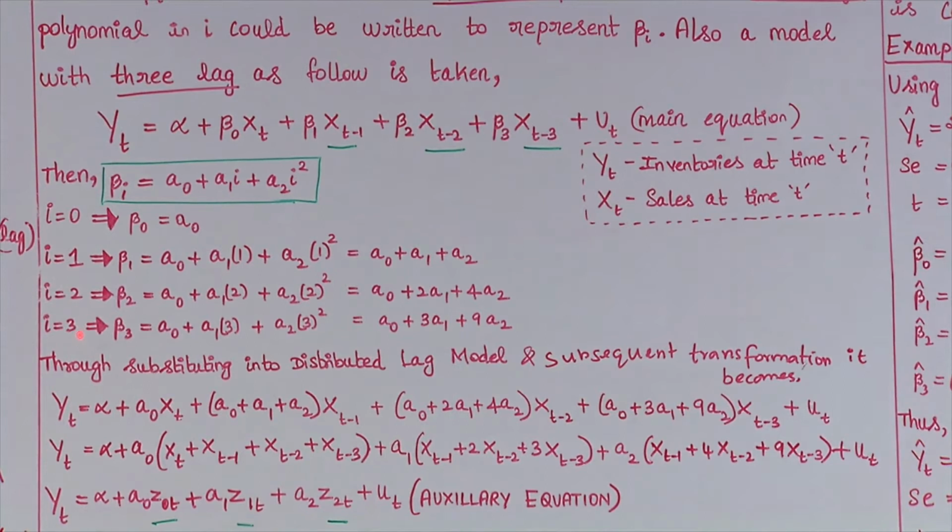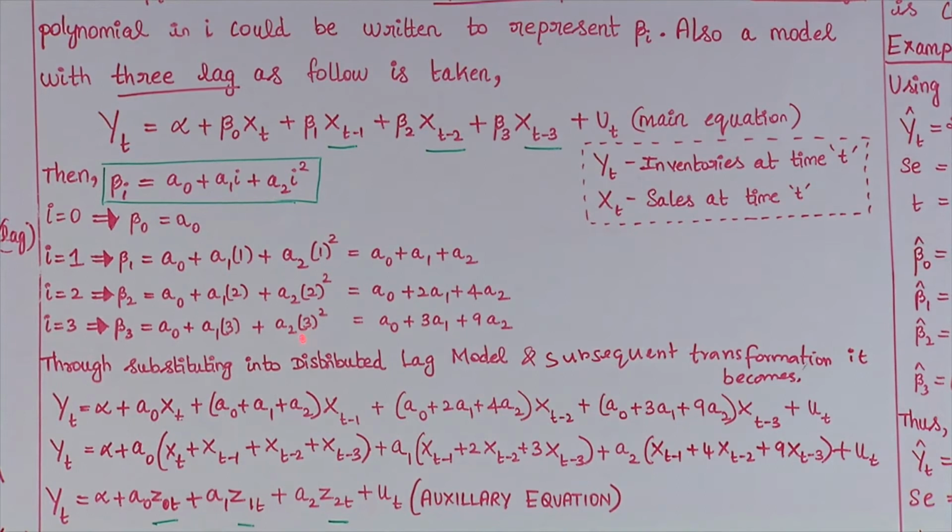And if you put I equal to 3, you get beta 3 is equal to a0 plus a1 into I, that is 3 here, plus a2 I square, that is 3 square here. So, it becomes a0 plus 3a1 plus 9a2.